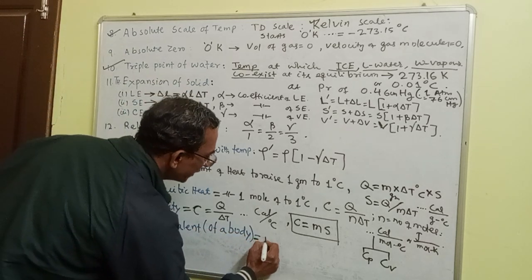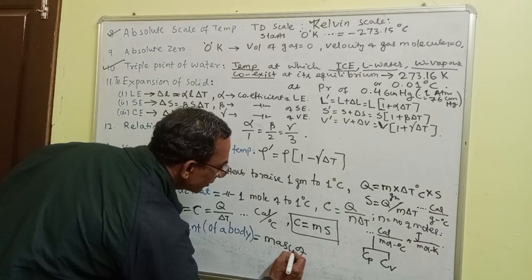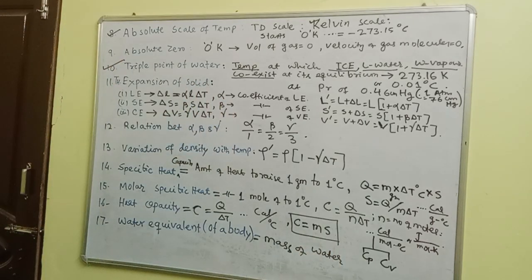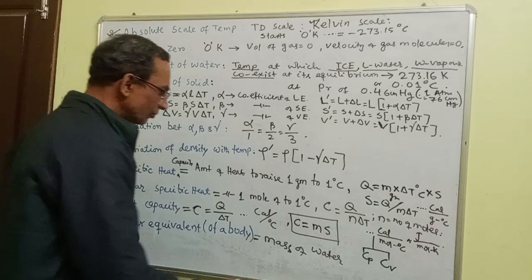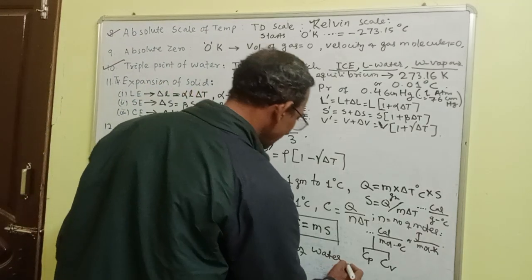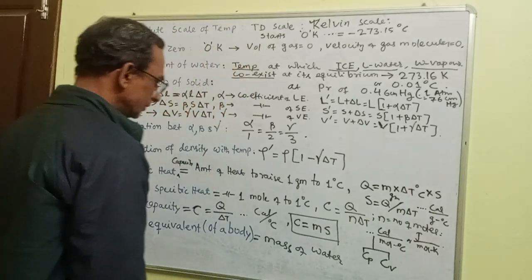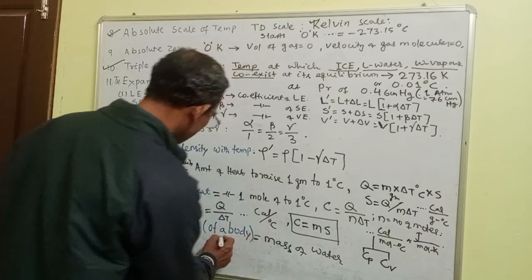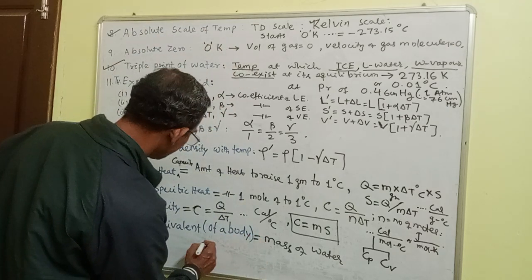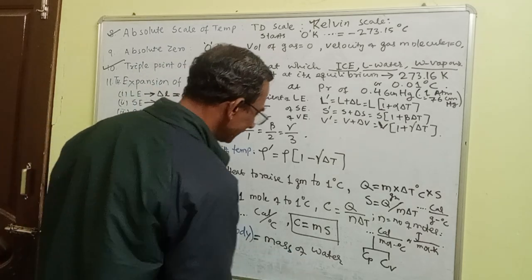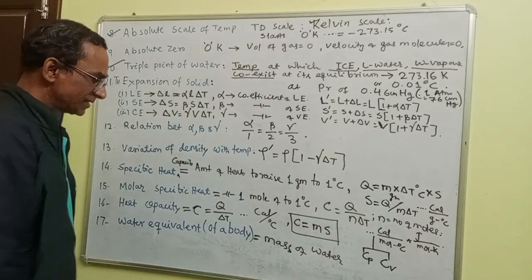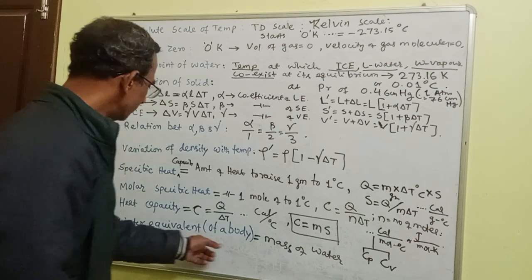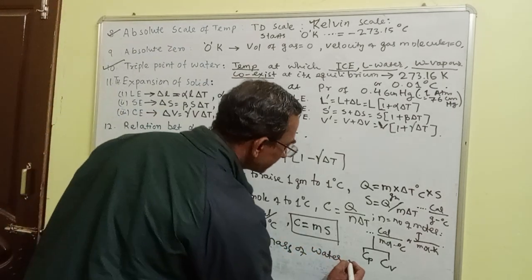Water equivalent of a body is the mass of water, it may be in kg or gram, that requires the same amount of heat as the body requires to raise its temperature by 1 degree Celsius.